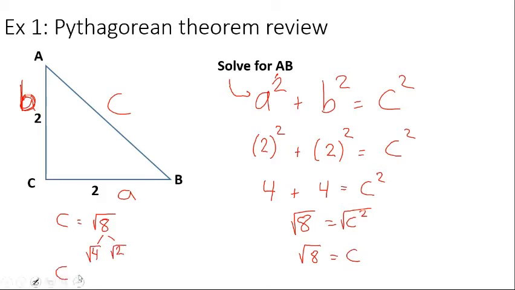So here C would equal square root of 4 is 2, and the square root of 2, you can't reduce that. So here I'm going to say that C equals 2 square root of 2, or side AB is 2 square root of 2.